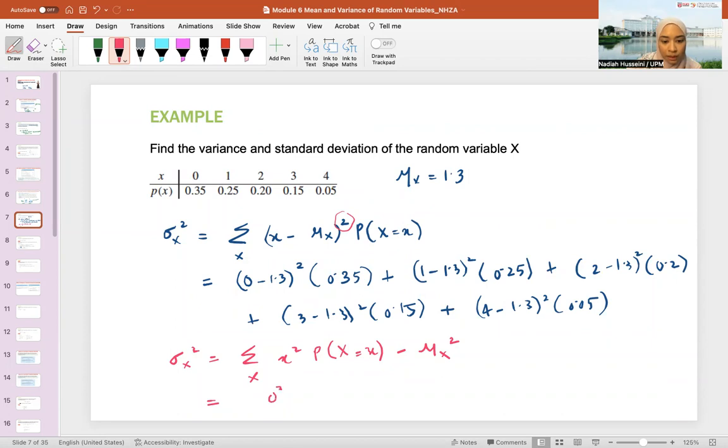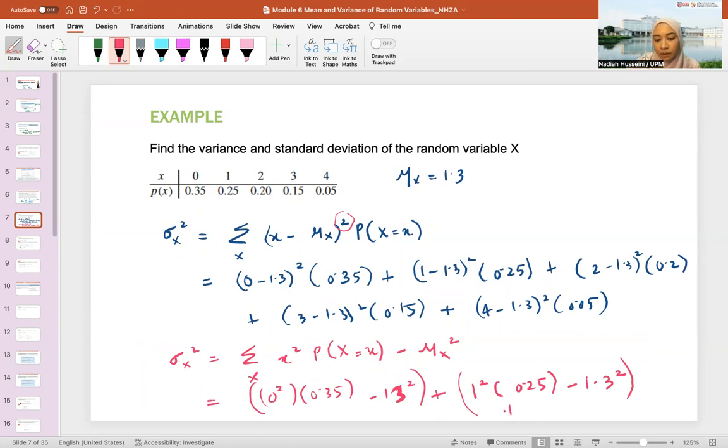So 0 squared times the probability 0.35, minus the mean squared, 1.3 squared. Plus 1 squared, probability is 0.25, minus 1.3 squared. Can we simplify this equation in any way?